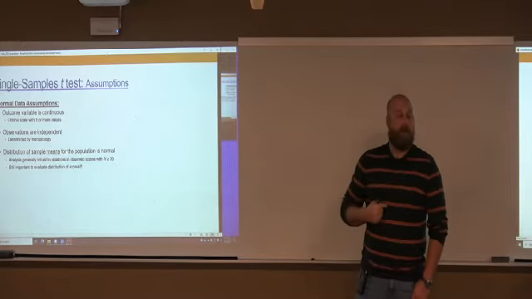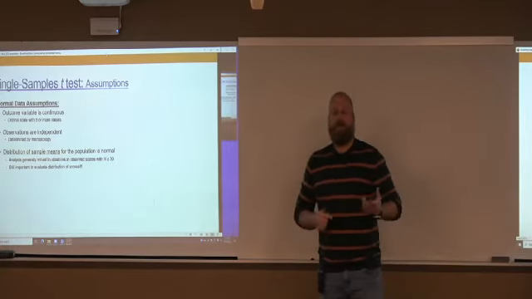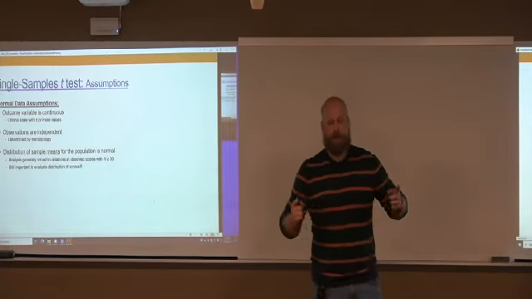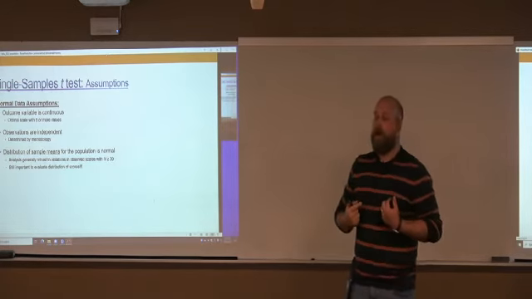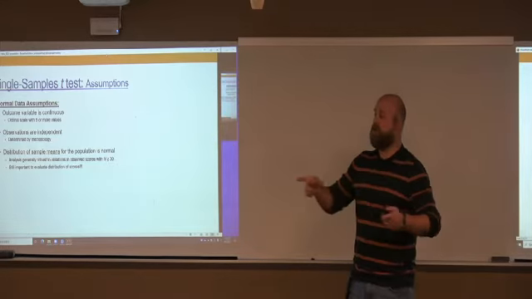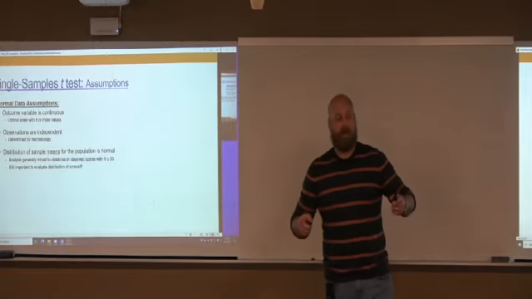If the population I'm pulling from is normal, if whatever I'm measuring has a normal distribution, even if I have a small sample, the distribution of sample means will still achieve normality fairly quickly. Again, two conditions. If whatever I'm measuring is normally distributed, the distribution of sample means will become normal very quickly.